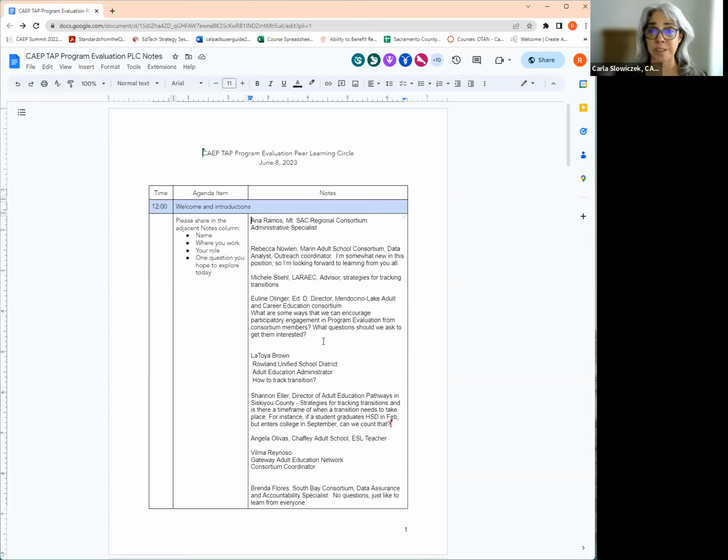Are we getting students to even think about transitioning to college? And even if for whatever reason the job or finances or medical didn't allow the student to go into college that previous term, we capture the information that the student completed X, Y, and Z and had planned and told us, okay, I'm enrolling in school.